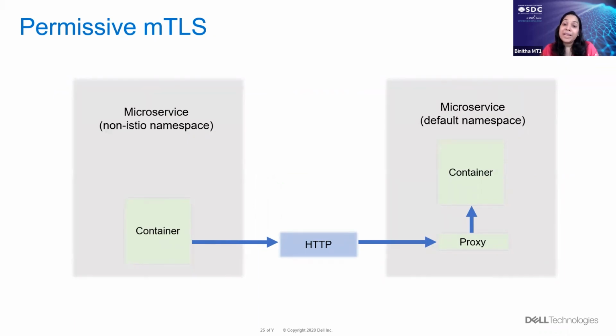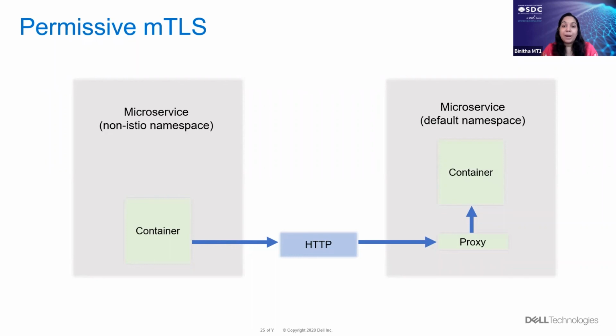If you are migrating to Istio or a service mesh, it will be very difficult for you to know what each service is doing, and it's very difficult to just migrate like that. Let's say you are in that migration process. You will have some services in a non-Istio namespace and some in the default namespace. When a request comes from a non-Istio namespace, if you have kept the mode as permissive, then your request will be addressed.